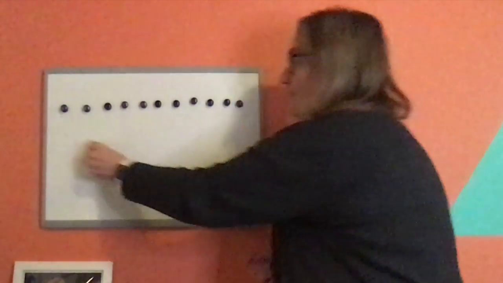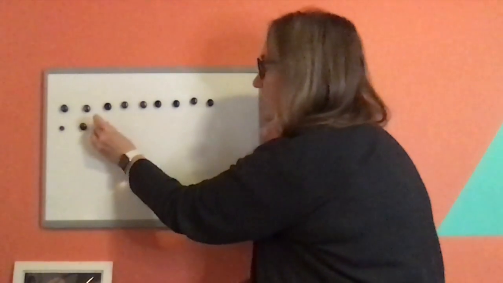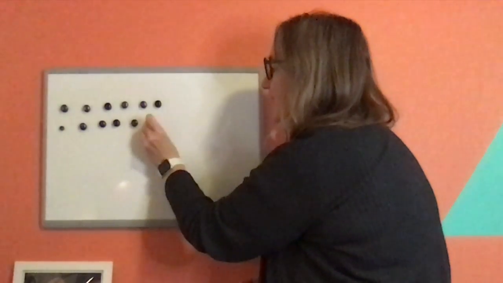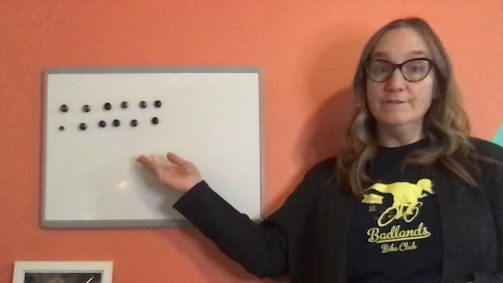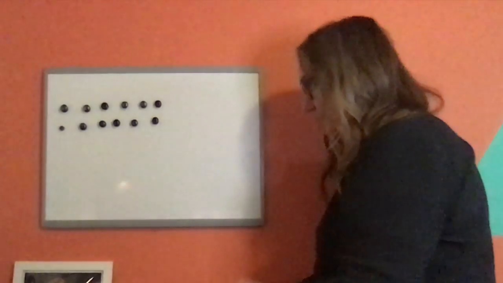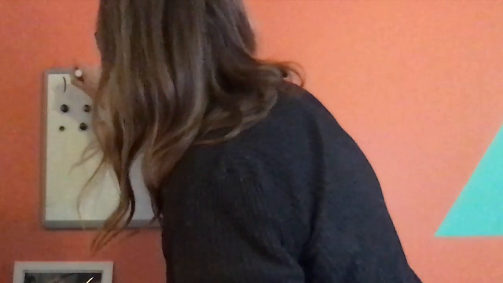So I'm going to start with making 2 rows and see if we have an equal number of counters in each column. So I can make 12 with 2 rows of 6. I'll line them up a little more neatly. So we can say we can do 1 times 12.